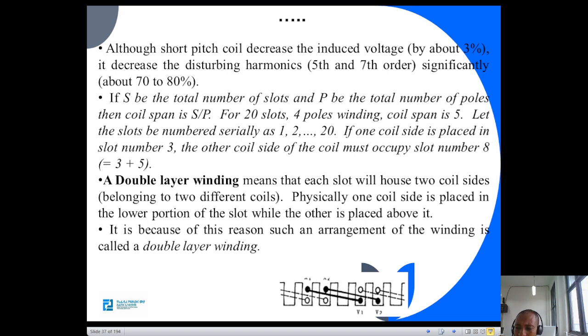It is because of this that the arrangement is called double layer winding. If you see this graph, 2 coils were hosted in one slot. One is down below and the other is above in the slot. That is how they were placed.